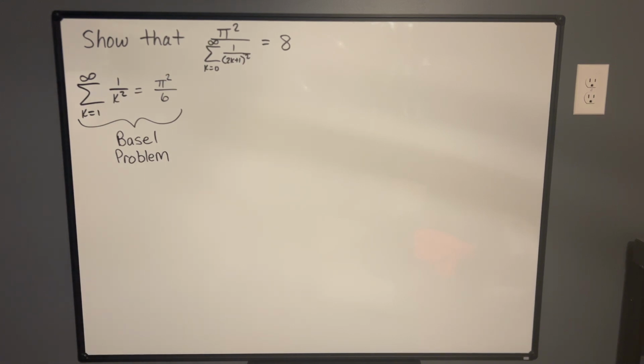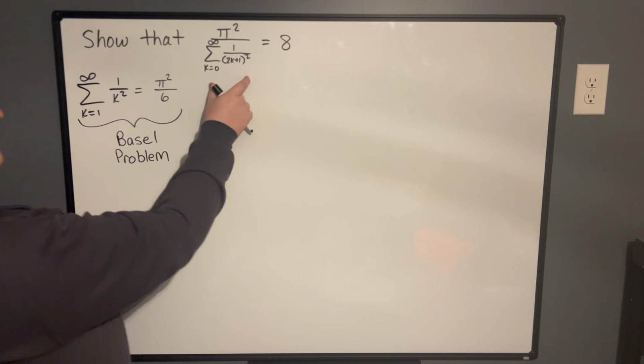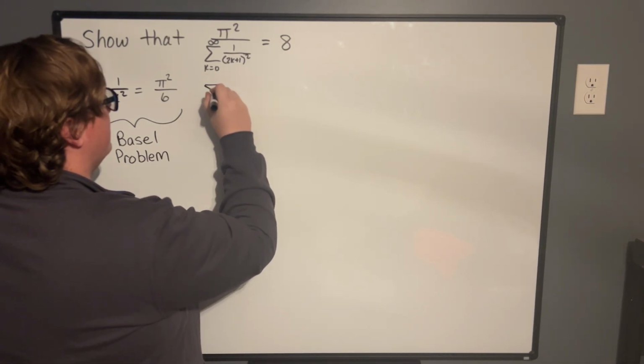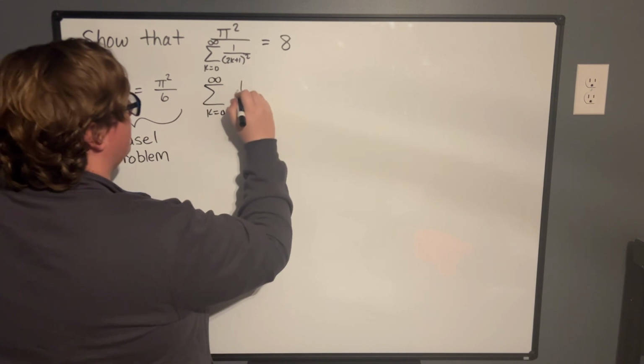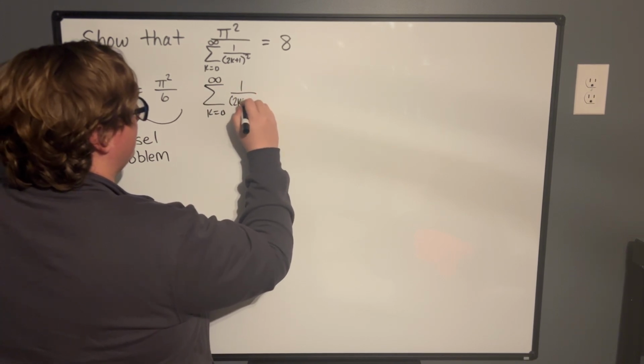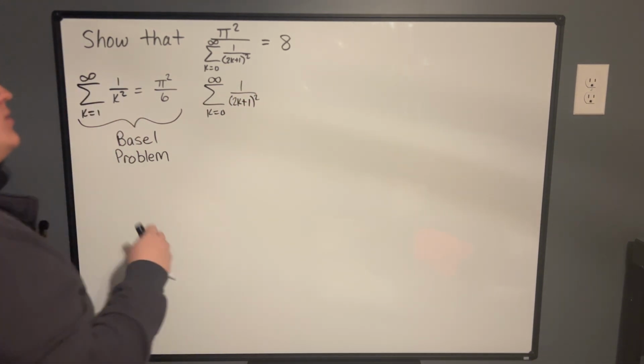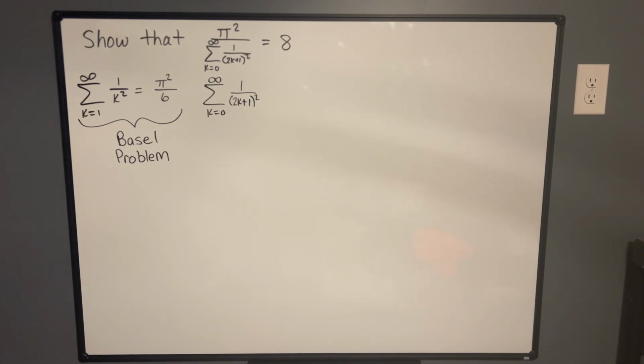So the solution that we came up with involved looking at the even and odd numbers of these series. If we look at this sum that's in the denominator here, this is by definition all of the reciprocals of odd numbers squared. Because 2k plus 1 is the definition of an odd number, right?